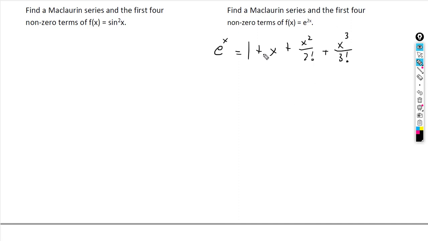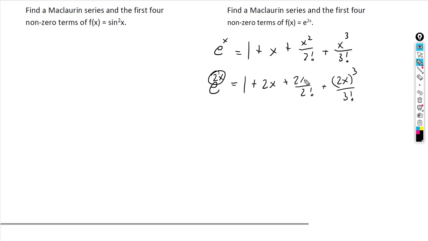Now, I don't have to put the fifth or sixth one because I don't have any subtraction. I'm really not manipulating this too much. Well, e to the 2x is just taking all of these x's and replacing them with 2x. So this is still 1 plus 2x plus 2x squared over 2 factorial plus 2x to the third over 3 factorial. Well, what does this actually mean?